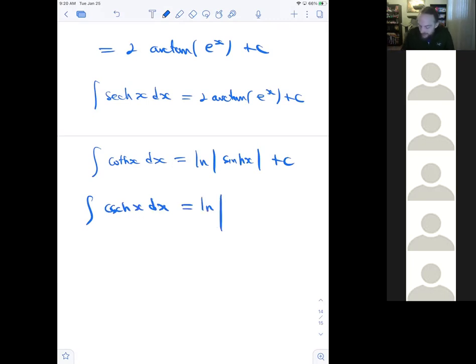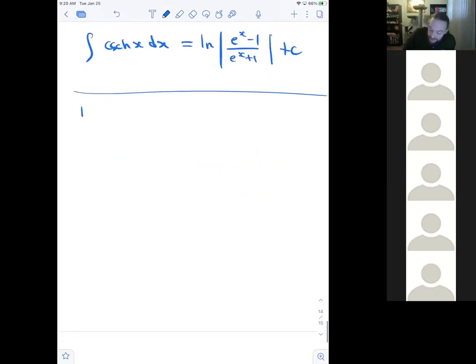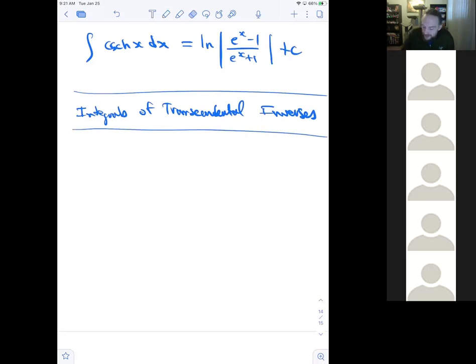When I do that, we get the natural log of e to the x minus 1 over e to the x plus 1 plus c. So those are the integrals of all the transcendental functions. Now, the integrals of inverses: what are we going to do with these guys?